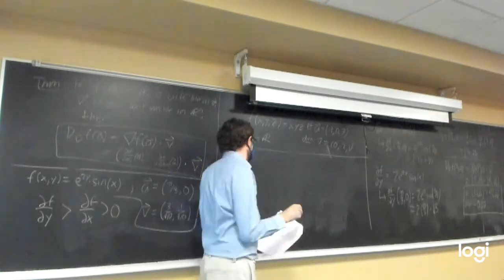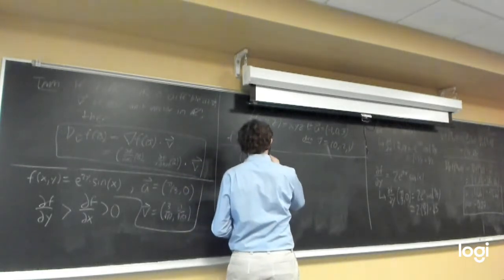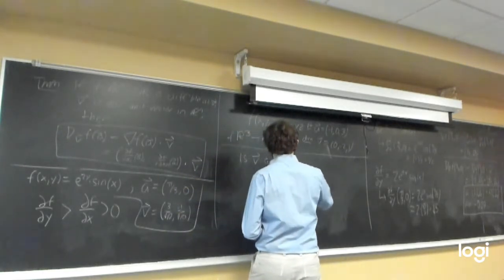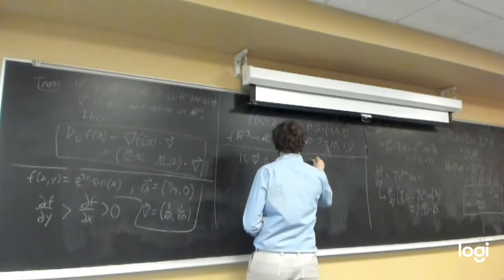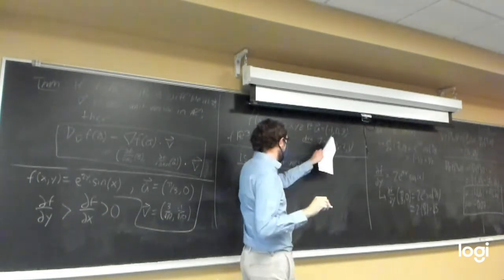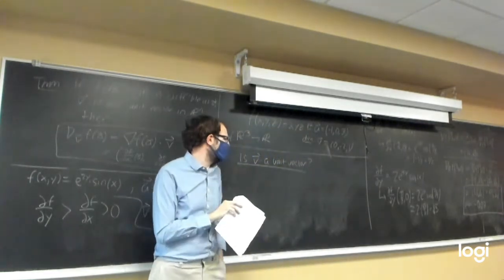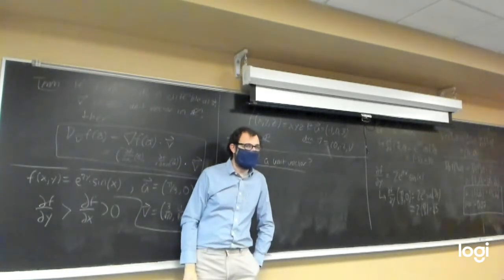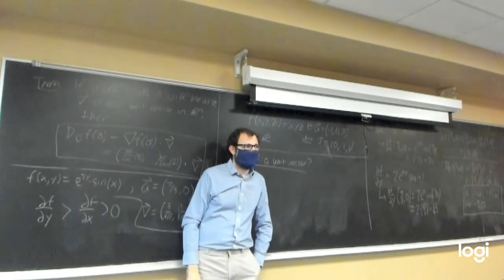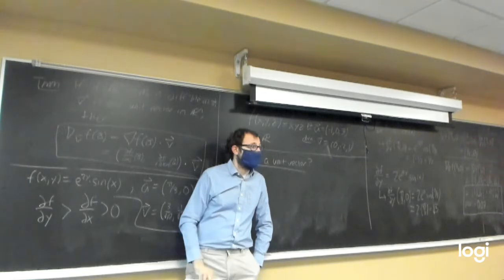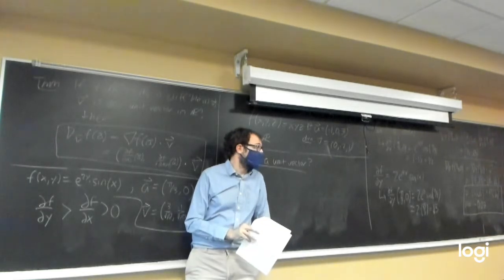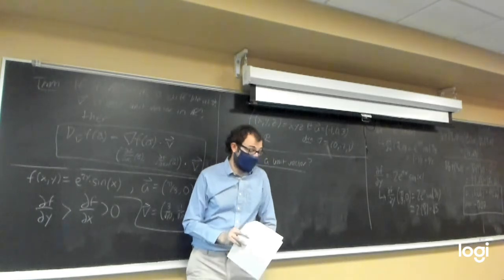Is v a unit vector? Meaning, is this vector here, 0, negative 2, 1, going to be of length equal to 1? Sure? No. Why not? It's not a unit vector.